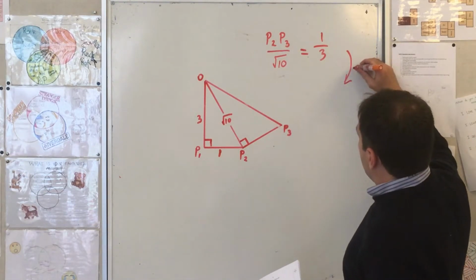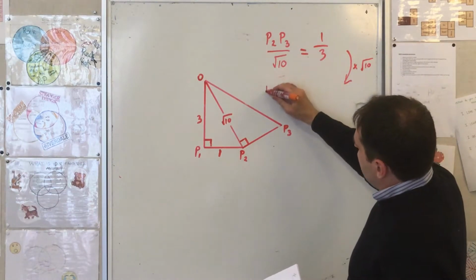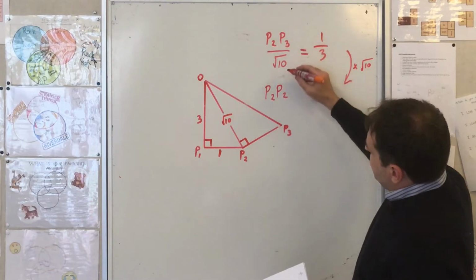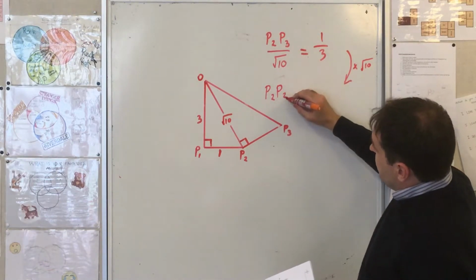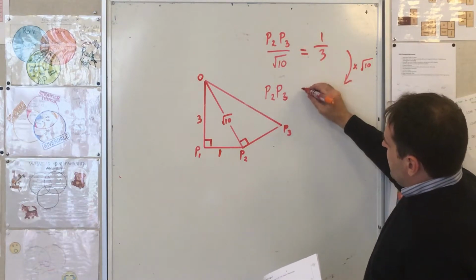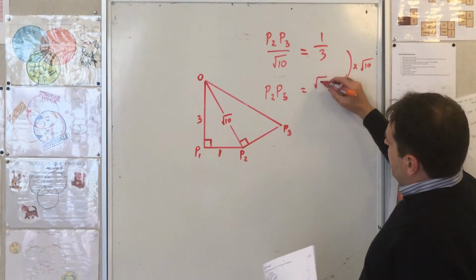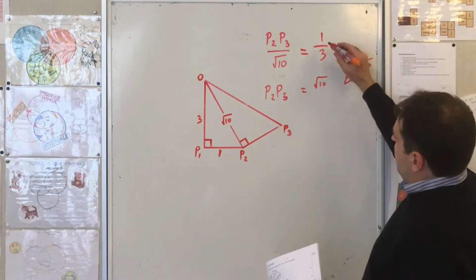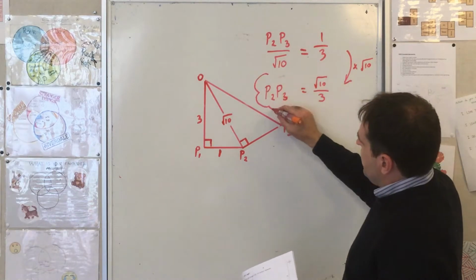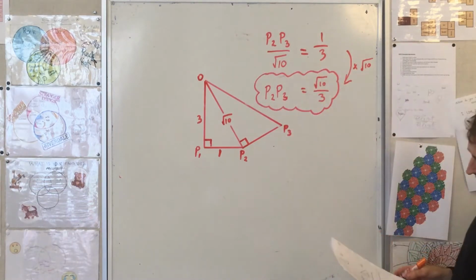So if I multiply both sides by square root of 10, that gets rid of the fraction there, and I just get P2, P3 instead of P2, P3 over root 10. But then I've got to multiply the other side by square root of 10 as well, and that gives me, instead of 1 over 3, root 10 over 3. So P2, P3 is the square root of 10 divided by 3.